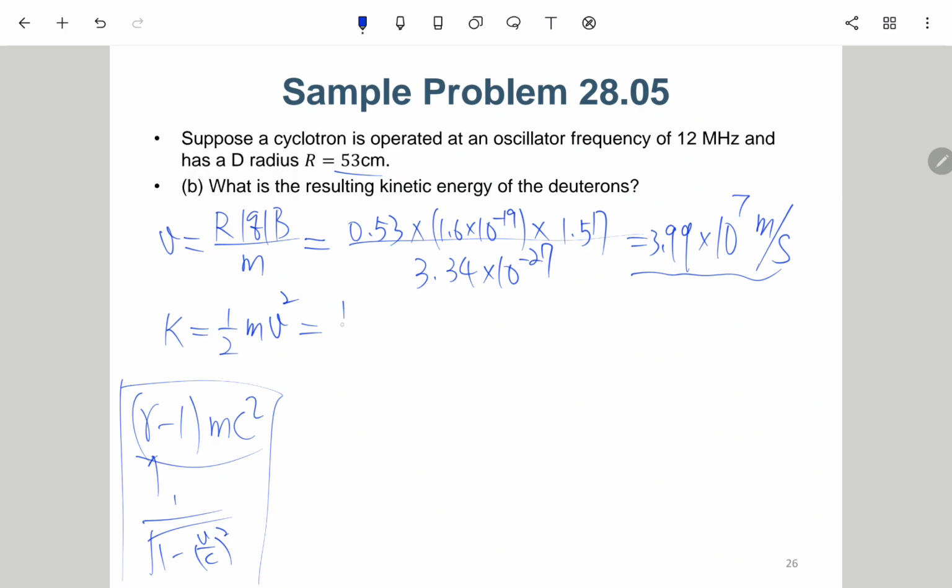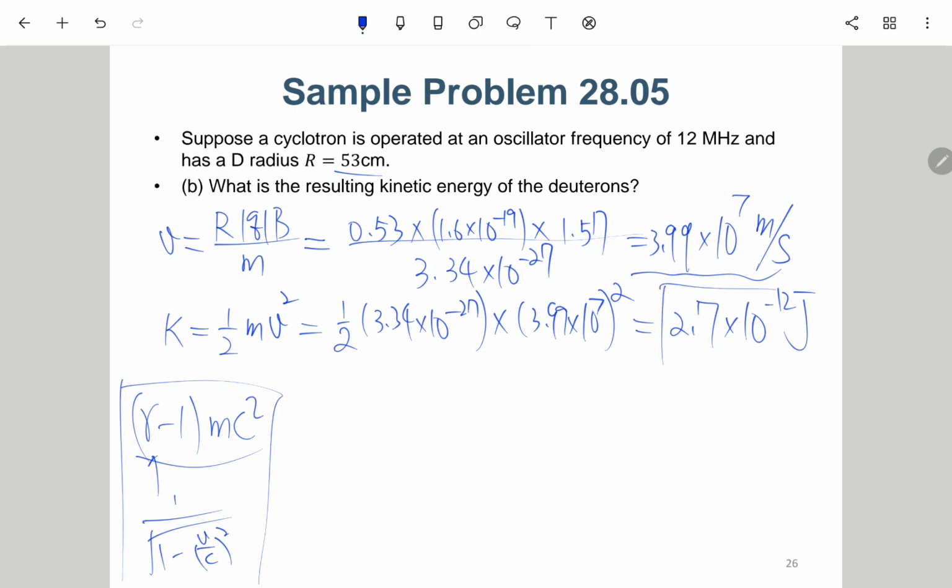Okay, so this one is 1/2 m, which is 3.34 times 10 to negative 27, times 3.99 times 10 to the 7th power, quantity squared. So this is 2.7 times 10 to negative 12 joule. If you convert this into eV, it will be 17 mega eV.